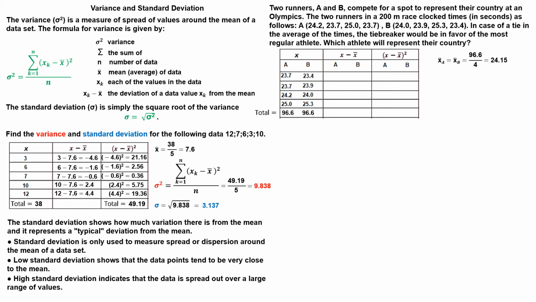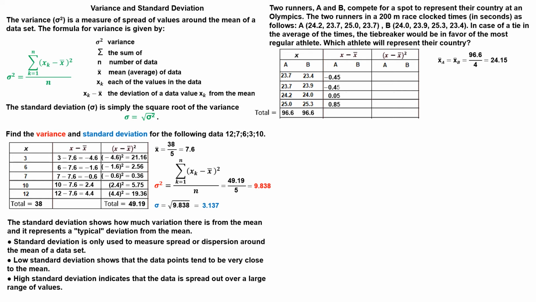Standard deviation is the measure of spread most commonly used in statistical practice when the mean is used to calculate central tendency, and it is useful when comparing the spread of two separate data sets that have approximately the same mean, as in this example. Therefore, the athlete with the smaller standard deviation is more regular.